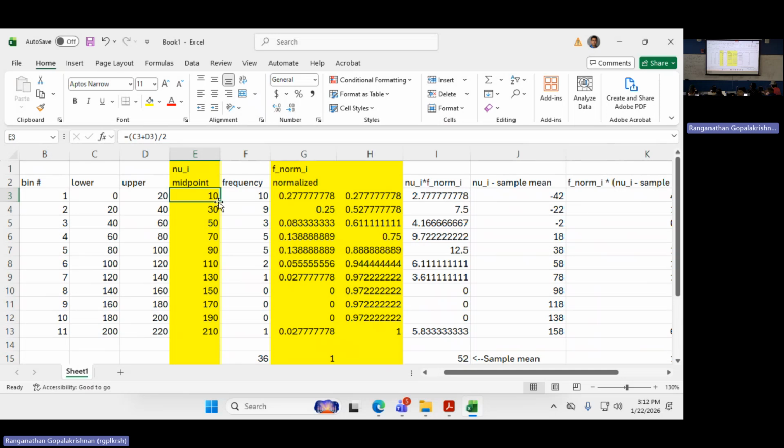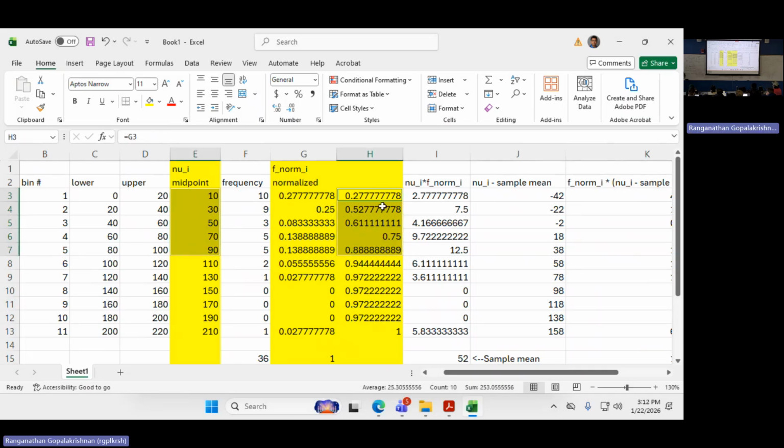8 doesn't appear here. The closest we have is 10. 96 doesn't appear here. The closest we have is 90. So between 10 and 90, you have about what? Should we take 0.88 minus 0.27?